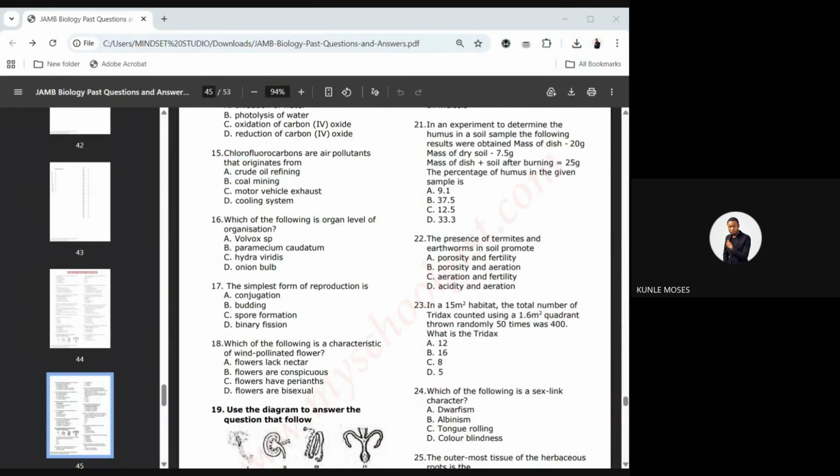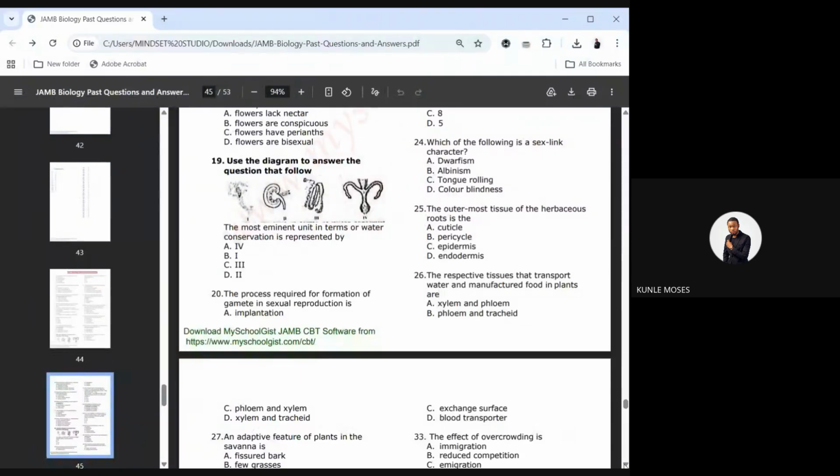Yeah, Paul is right. Okay, sorry. Albinism is autosomal. Thank you, sorry. Good, keep it up.